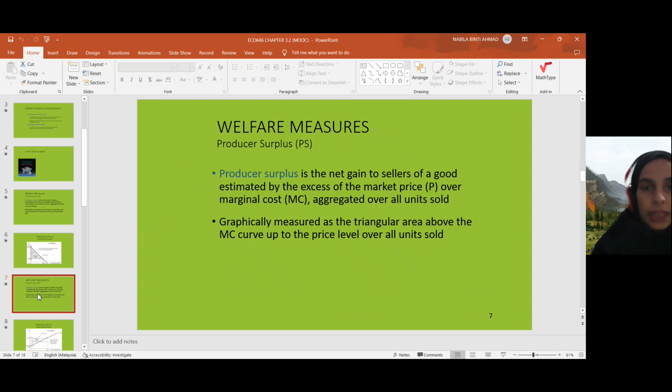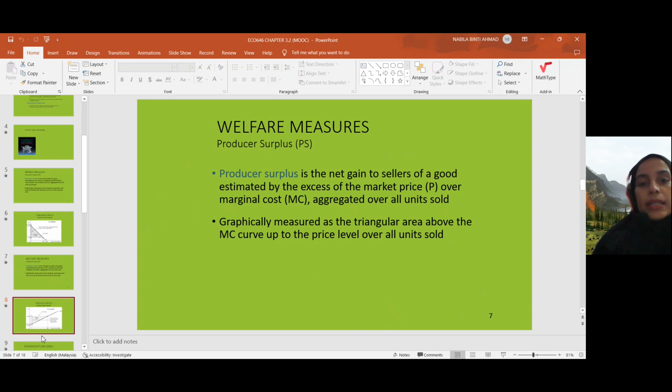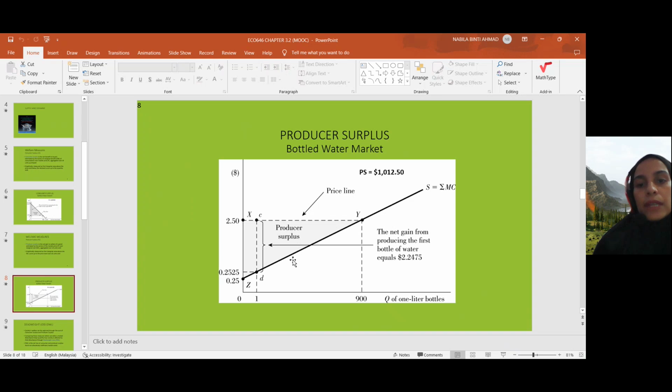And then producer surplus is the net gain to sellers of a good estimated by the excess of the market price over marginal cost aggregated over all units sold. And graphically it is a triangular area above the marginal cost curve up to the price level, right? So this is the supply curve. The supply curve is upward sloping to indicate the law of supply, which means when price increases, quantity supplied increases and vice versa.